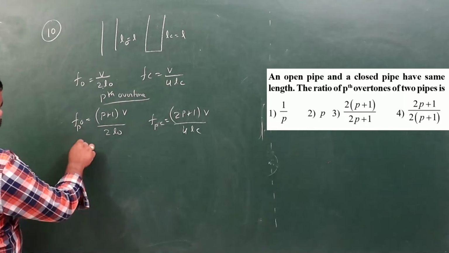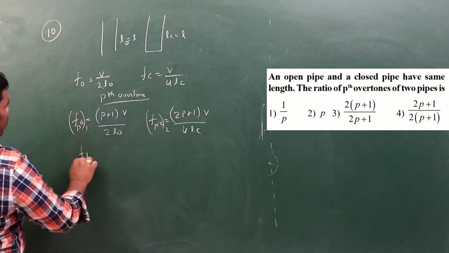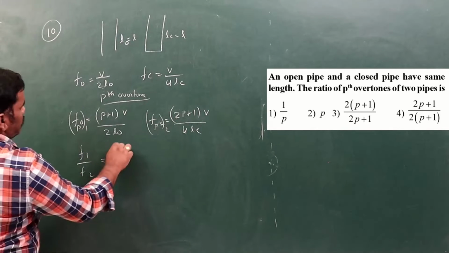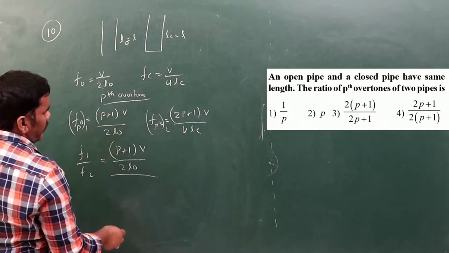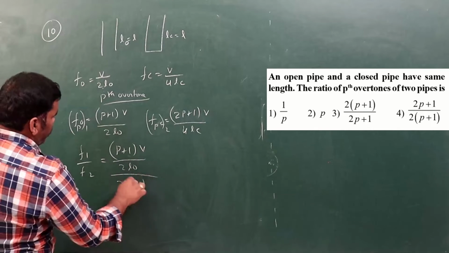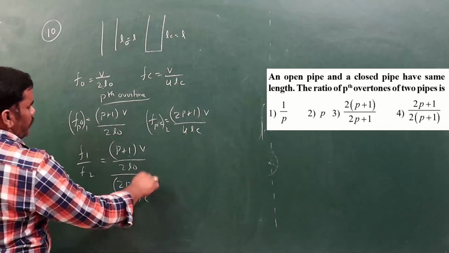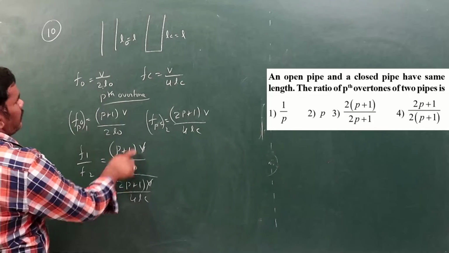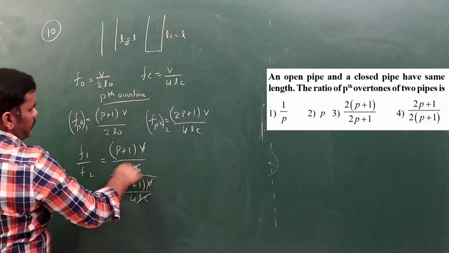So this can be considered 1, this can be considered 2. So F1 by F2 is equal to (P plus 1) into V by 2L0 divided by (2P plus 1) into V by 4LC. So V gets cancelled. Here L0 is equal to L, LC is equal to L. These two are cancelled.